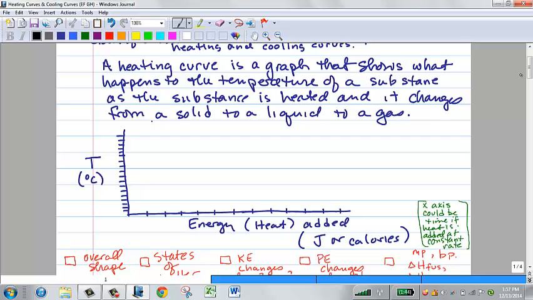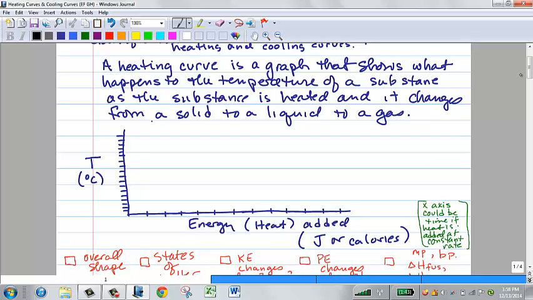The y-axis is always temperature, but the x-axis could actually be measured with time. If we knew that heat was being added to the substance at a constant rate, then we would be measuring time, 10 seconds, 20 seconds, 30 seconds, 40 seconds, and essentially that would be equivalent to some constant amount of energy for each 10-second interval or whatever.